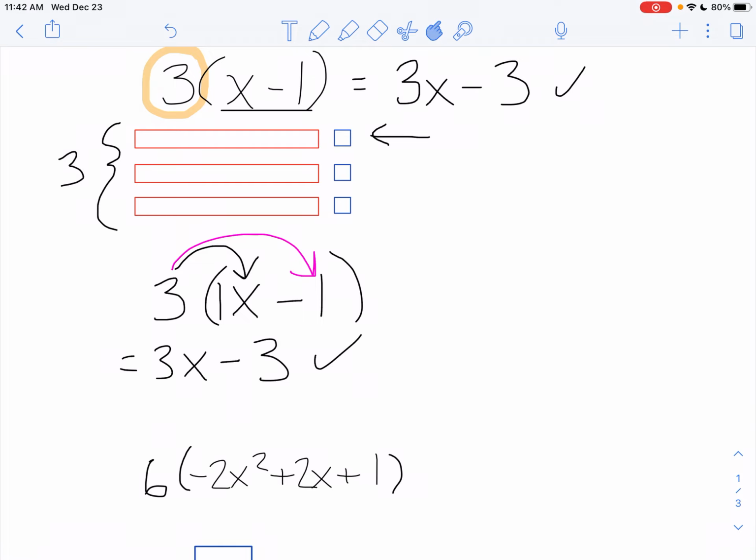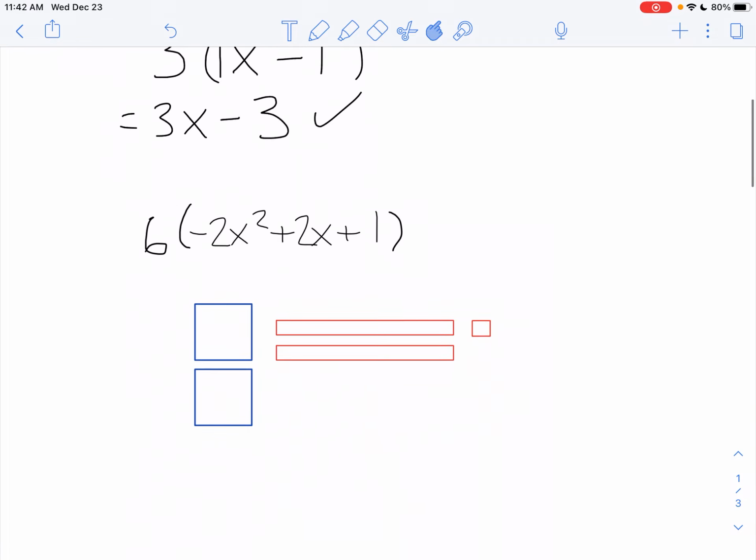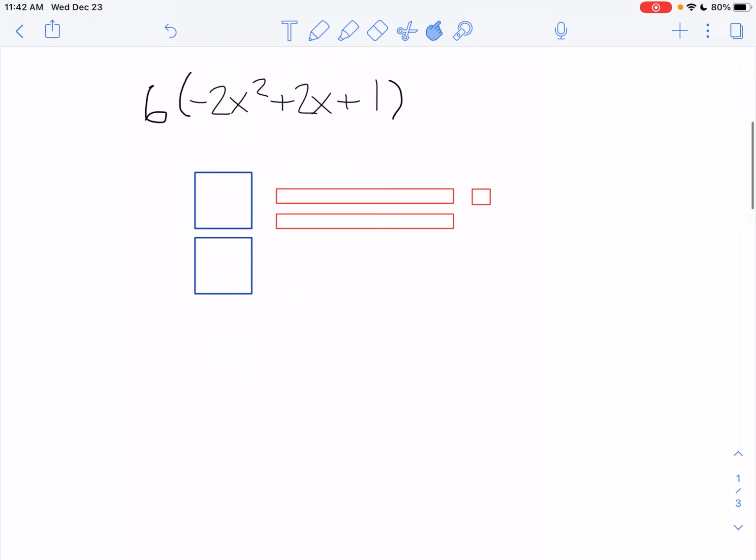So either way works. Okay, in the second example, we need to multiply 6 by -2x squared plus 2x plus 1. So step 1, we take the expression inside the bracket and we draw a picture of it here. Okay, so we have 2 -x squared, so those are 2 big blue squares.